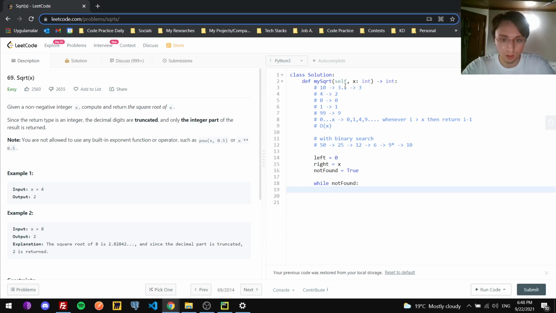So we first need the middle point. Middle point is right minus left divided by 2.